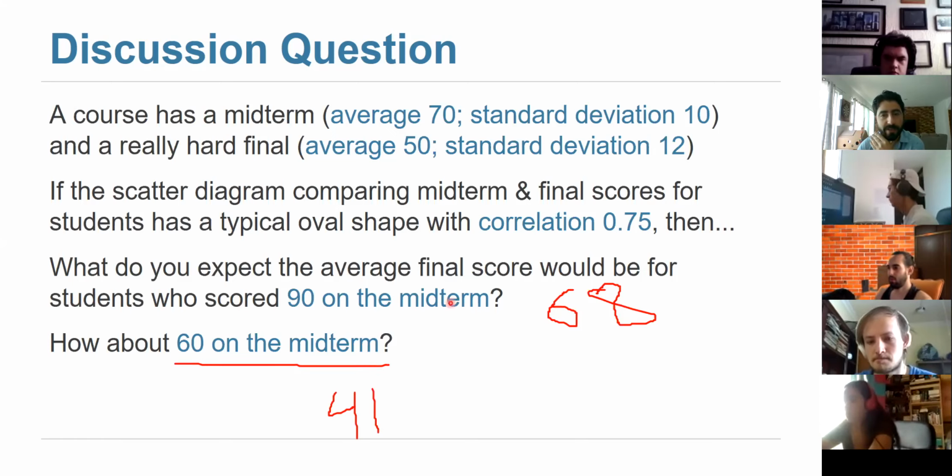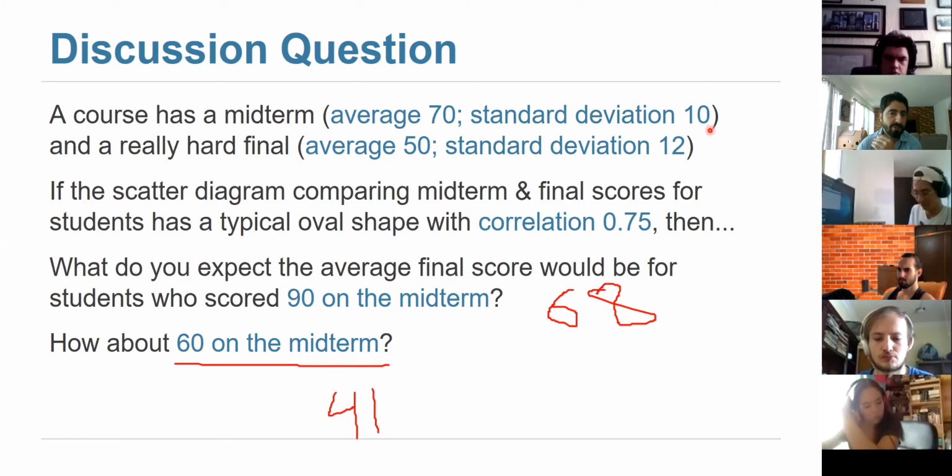So here, you can go two ways. Basically, you can calculate using your normal unit or the standard unit, which is much easier. So your student gets 90 on the midterm. To convert this into the standard unit, you say 90 minus the average, which is 20, divided by the standard deviation, which is 10, so you get 2.